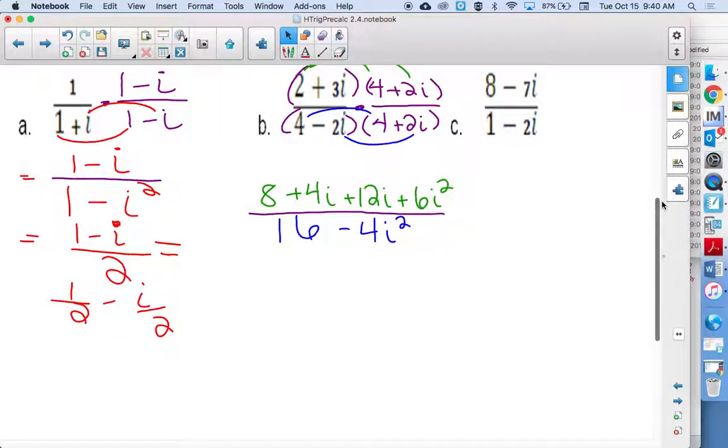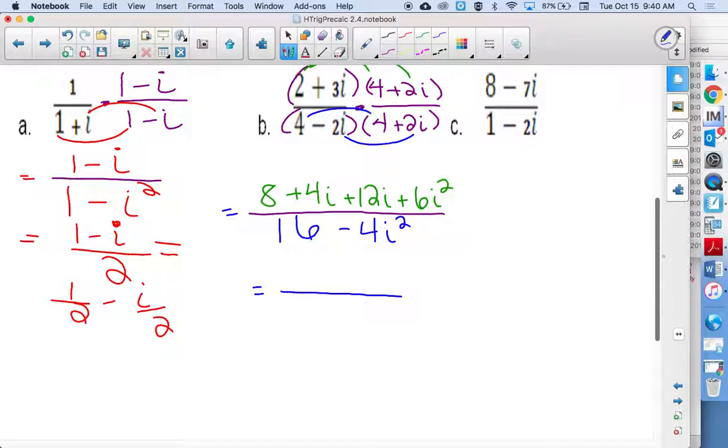I FOIL the top: 8 plus 4i plus 12i plus 6i squared. Brenton, what does the numerator become? 2 plus 16i. And the denominator becomes 20.